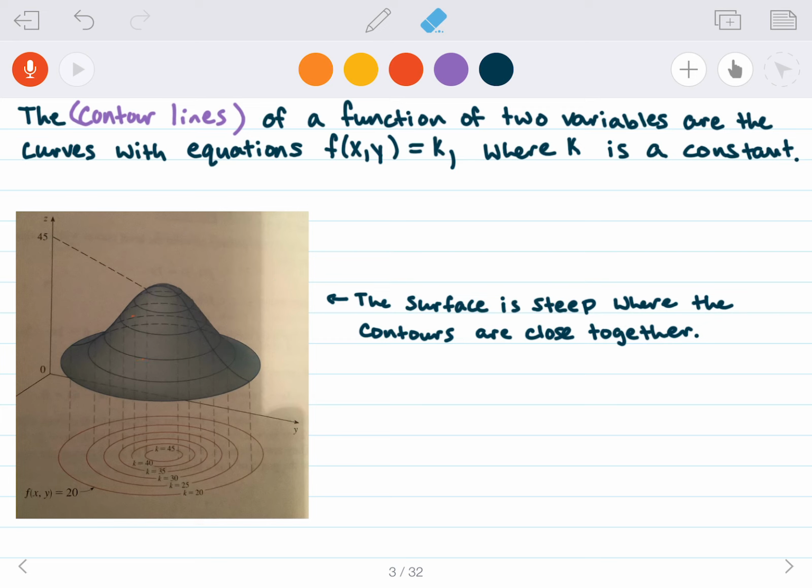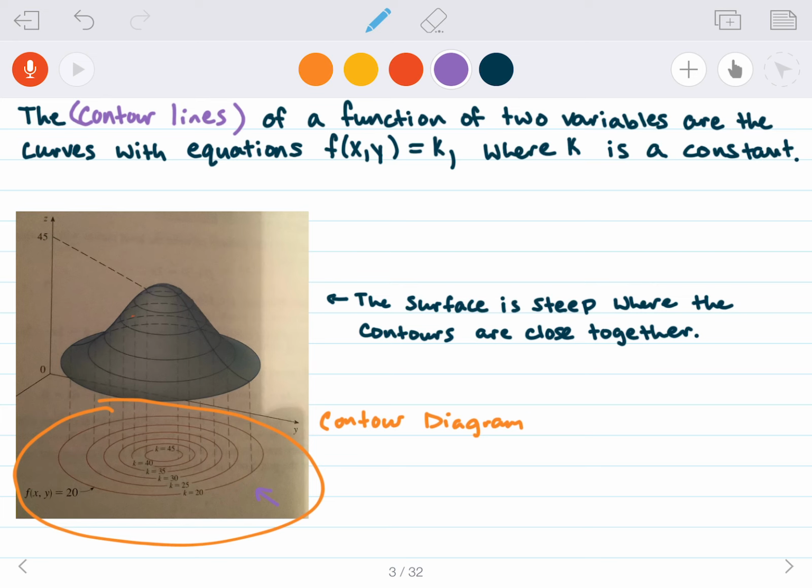So create some sort of picture. The idea here is, again, I mentioned this idea of projecting upwards. Right here you can see this bottom part. This is the contour diagram, the collection of the contour lines. Each circle is a contour line.